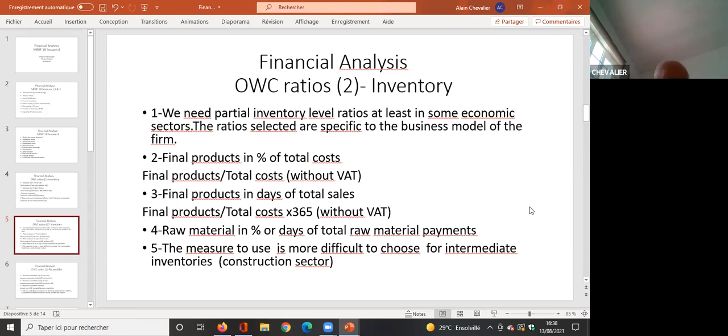Generally, in the industrial sector, with recurrent processes, and I say recurrent processes, it's important, we are able to find good prices.